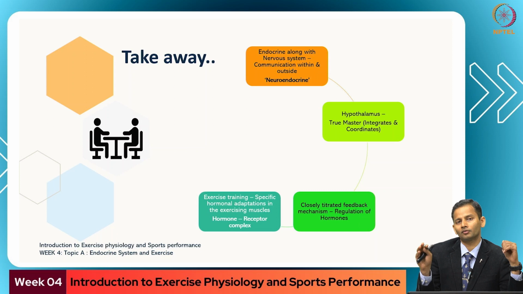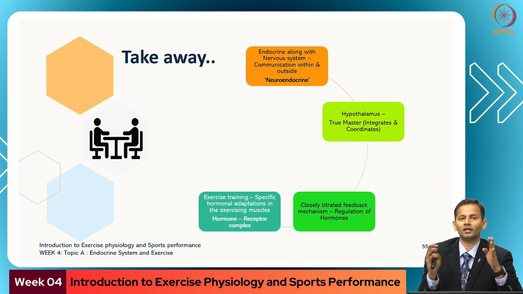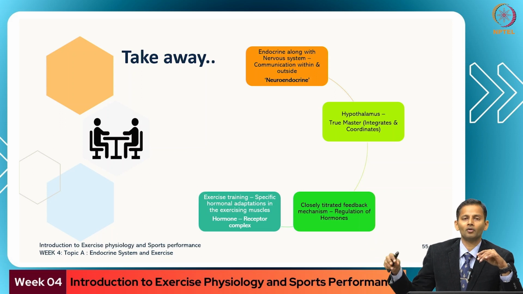That's mainly because of the availability of certain specific receptors in the target sites. Not only the hormone level, but the number of receptors as well as the interaction between the hormone and the receptor, like a lock and key mechanism, triggers a system of chemical reactions or activities within the cell, which results in the desired effect.